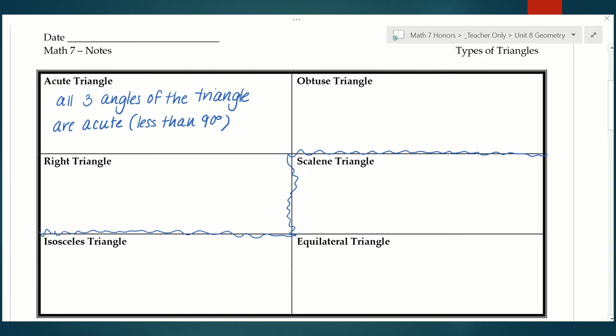Okay, if we are classifying a triangle as obtuse, this means that the triangle has one angle that is obtuse, or one angle that is more than 90 degrees.